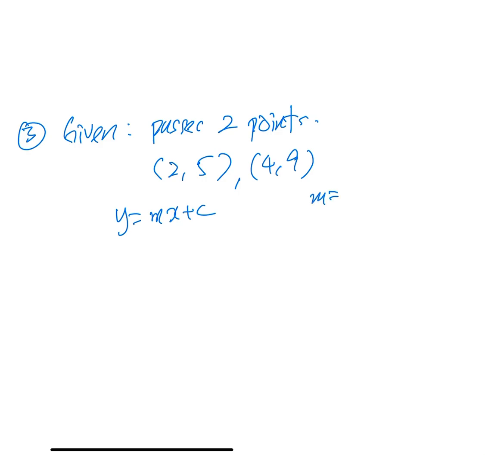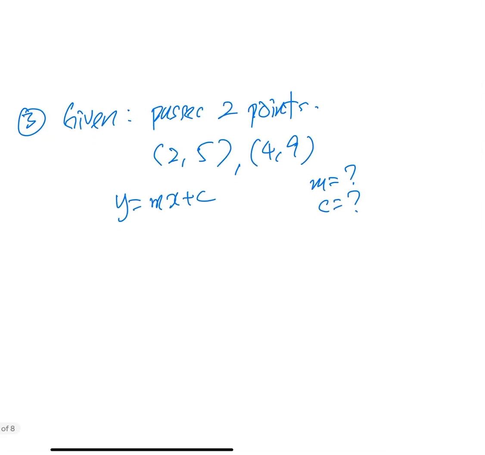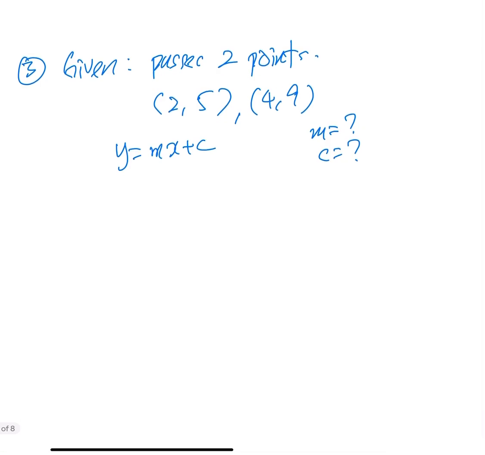We need the gradient, we need c. What we have learned before this is that given 2 points, I'm able to find the gradient using the gradient formula. So this is x1, y1, x2, y2. You might ask, can I label this one x1, y1 and this one x2, y2? Why not? You can, but it must be consistent.